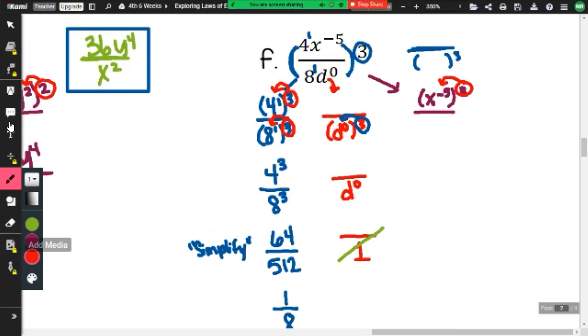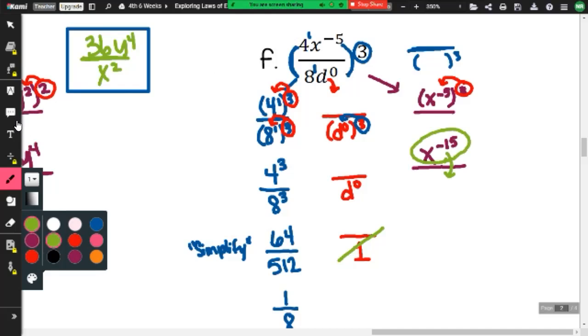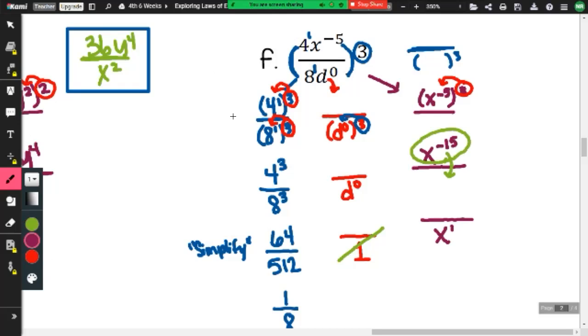Okay, so -5 times 3 is? Can I keep my answer this way? We have to grab that power and move it where? To the bottom. And then we'll have x to the power of 15 positive at the bottom of the fraction.